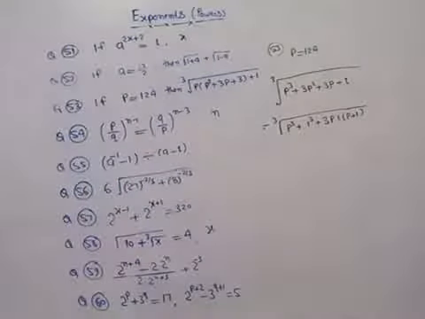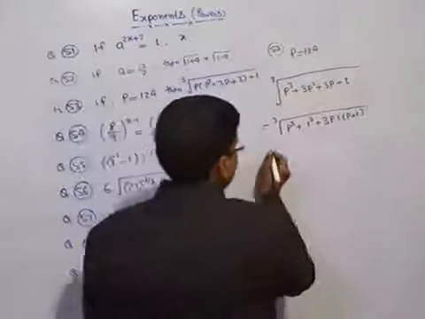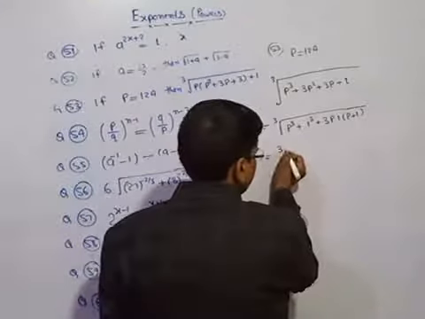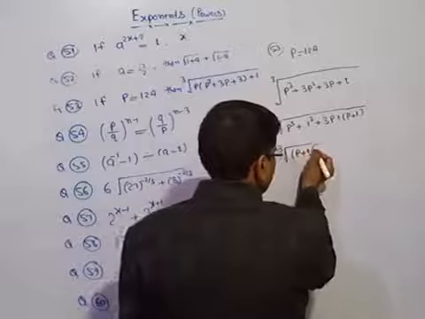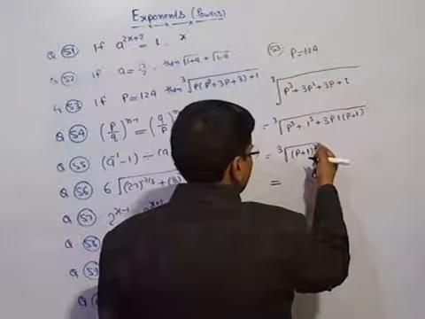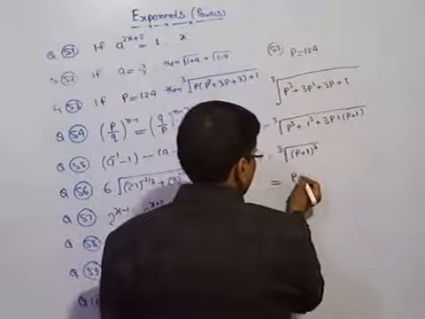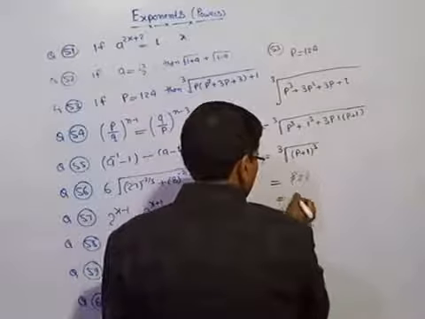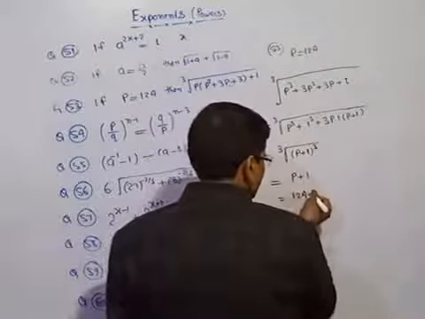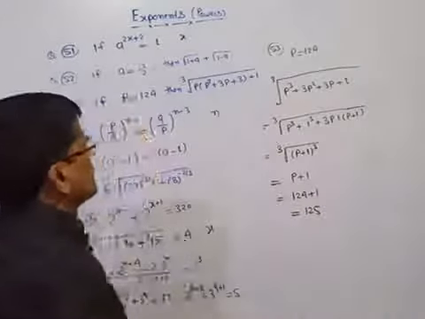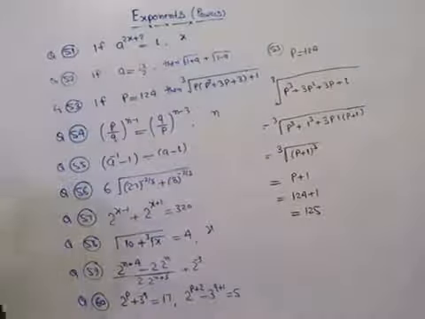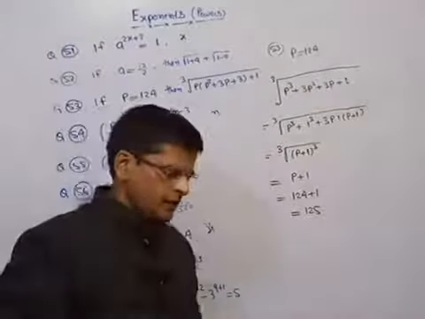The formula of a cube plus b cube plus 3ab bracket a plus b. Then we can write this step: p plus 1 whole cube. This and this cancel out, then p plus 1. Putting the value of p, 124 plus 1 equal to 125. Question number 53, answer equal 125.